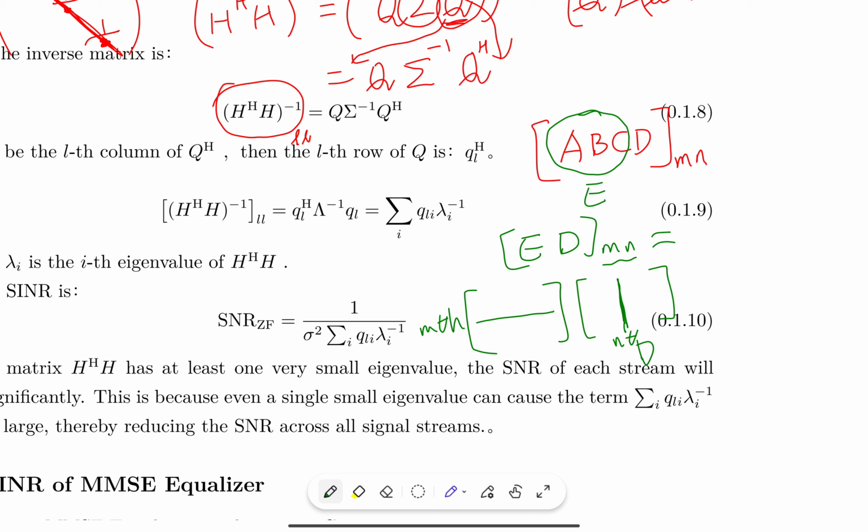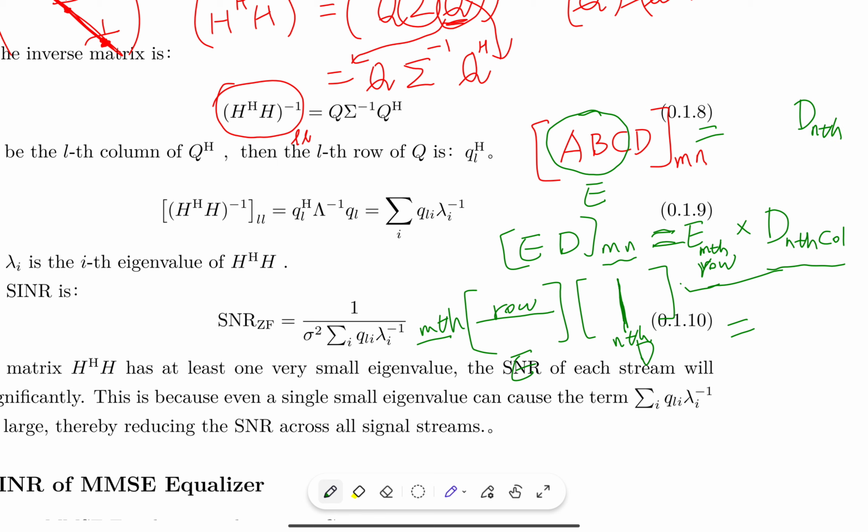This is a row vector times a column vector, so the result is a number, maybe a complex number. So this is D's nth row, nth column.